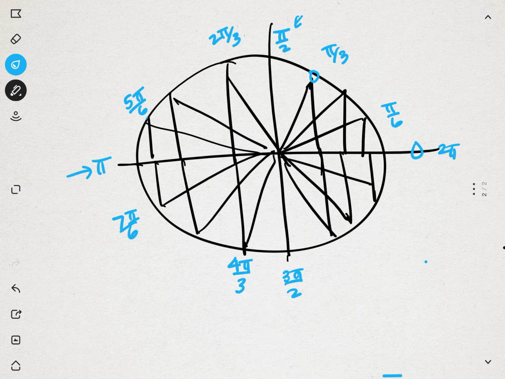So if you're good at fractions, this is making sense to you. If not, you might have to take some time to have it sink in. Then 9 pi over 6 is the same thing as 3 halves pi. Then 10 pi over 6 reduces to 5 pi over 3. And then 11 pi over 6. And then we're back to 2 pi.